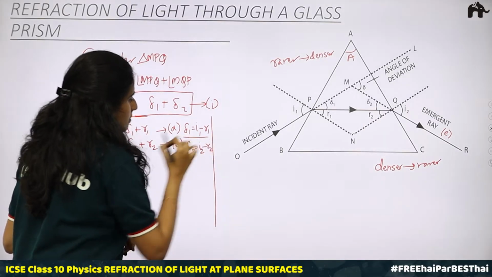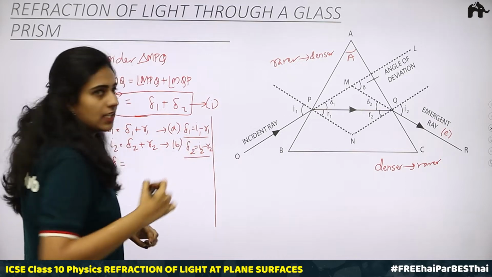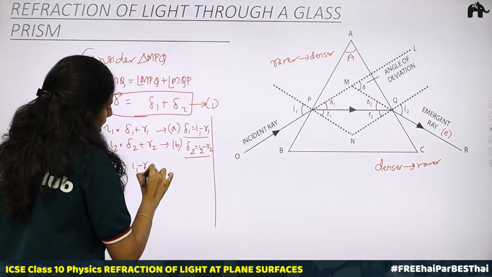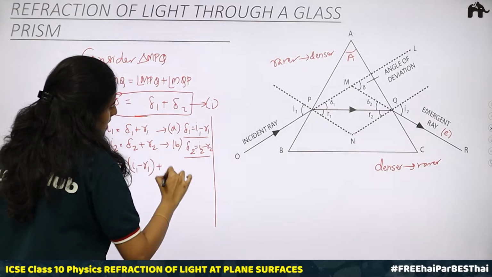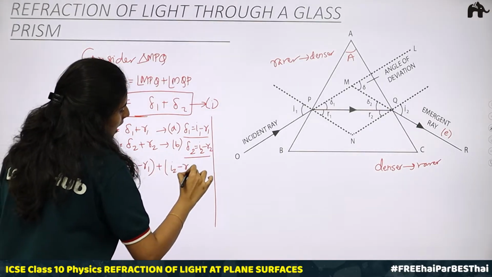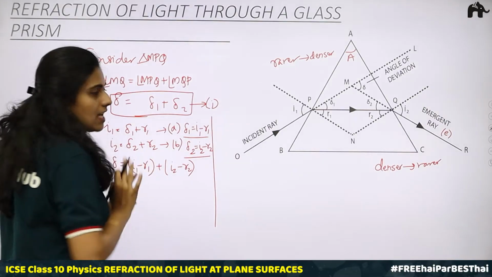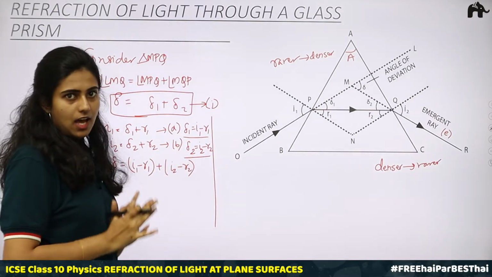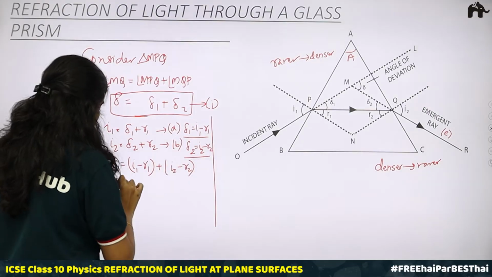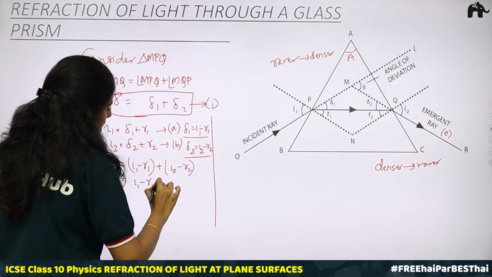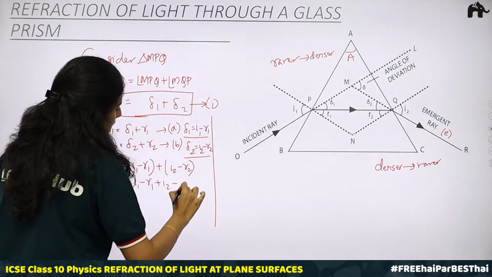Therefore, delta is equal to (I1 minus R1) plus (I2 minus R2). Now, removing the brackets, we get delta is equal to I1 minus R1 plus I2 minus R2.